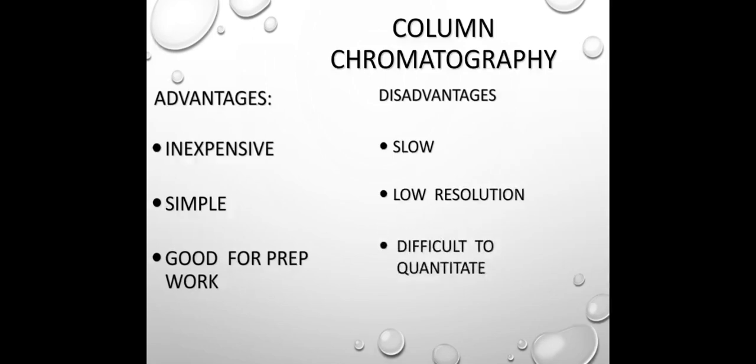Then it is difficult to quantitate. That means to measure the accurate quantity of a substance is quite difficult as compared to other sophisticated techniques like HPLC and GC, because they use various online and offline detectors to detect and quantify the compounds.